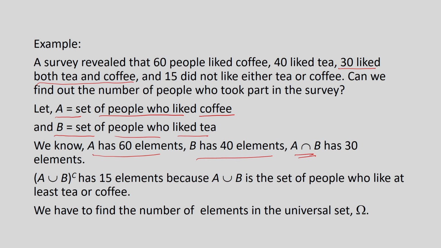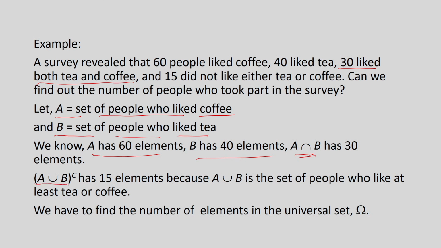The last information that we have is that 15 did not like either tea or coffee. Now, what is this set we are talking about? People who do not like either tea or coffee, right. How do we represent this in terms of these notations? We represent this by A union B whole complement. We first construct this set A union B, and if we take the complement of that, then that set is the set of people who do not like either tea or coffee, right.